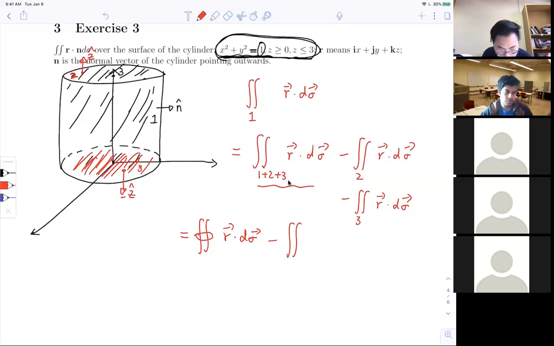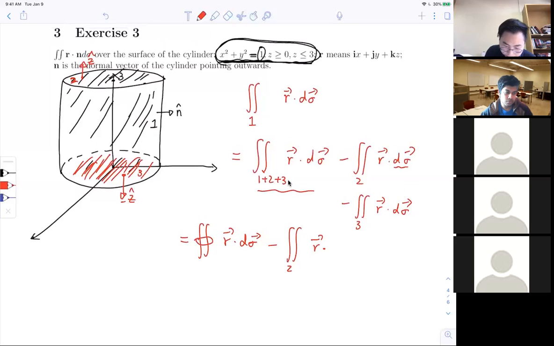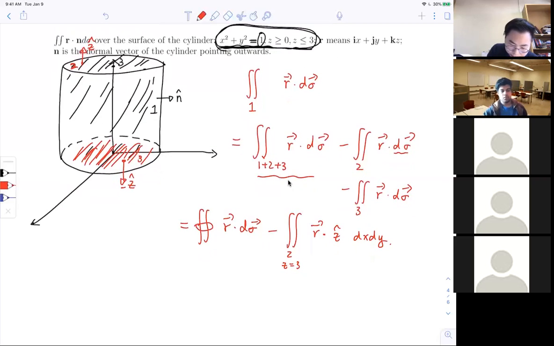For the second surface, r dot the normal direction of this disk, which is the z direction, becomes dx dy, and z equals 3 on this disk. Similarly, for the third surface, the bottom disk, the direction is minus z hat, dx dy, but at the same time we know that z equals 0.